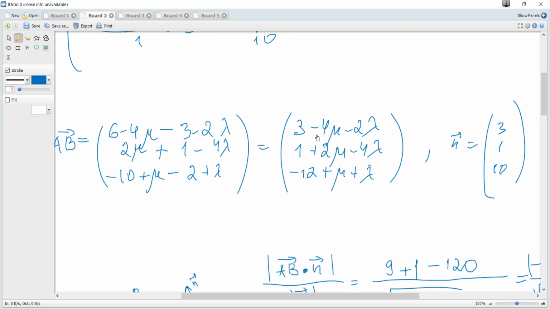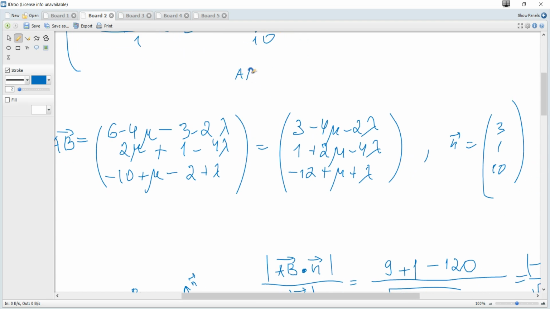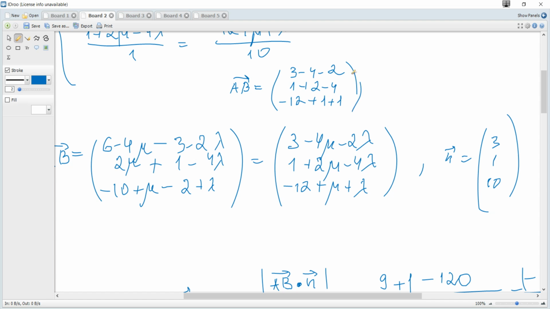Hence our AB vector becomes 3 minus 4 minus 2, 1 plus 2 minus 4, and negative 12 plus 1 plus 1. And it becomes negative 3, negative 1, and negative 10.